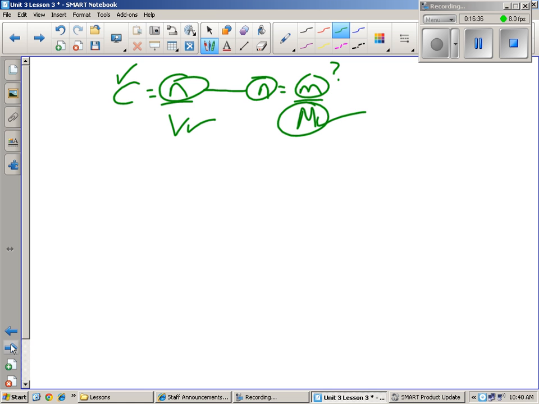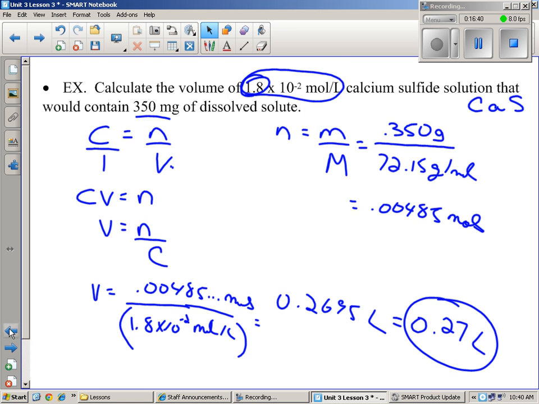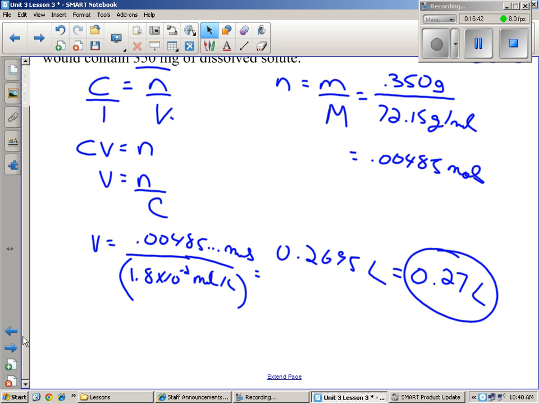Okay? So that's the first thing. The second thing, when I talk about this part down here with brackets, 1.8 times 10 to the negative 2, usually molar concentrations are not that big a number. So that's a very common molar concentration, 1.8 times 10 to the negative 2, 0.018 moles per liter. That's not unheard of.